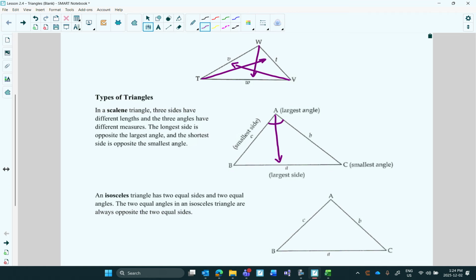And then similarly, if you look at this one, C is the smallest angle out of the three. So that must mean that its opposite side is the smallest side of the triangle. But scalene has all sides different, therefore all the angles will be different measures.